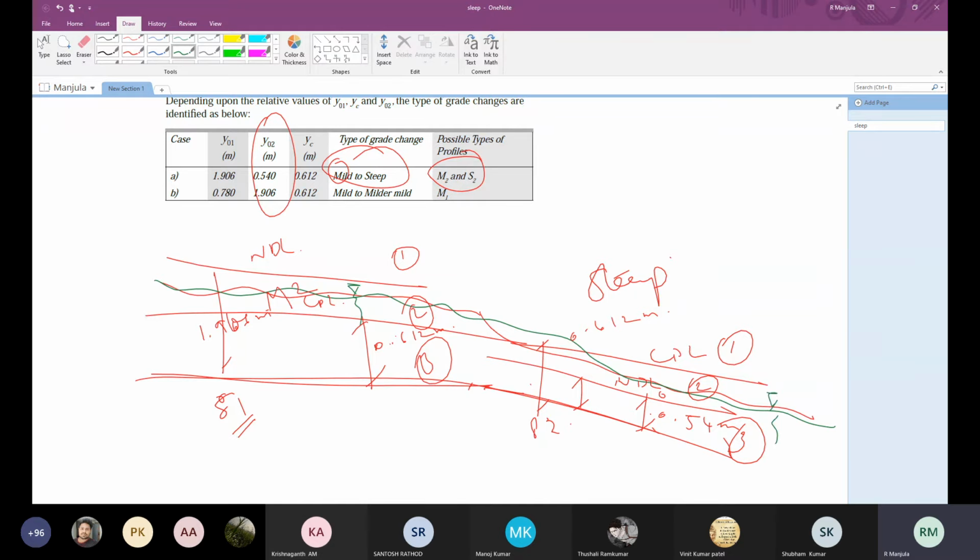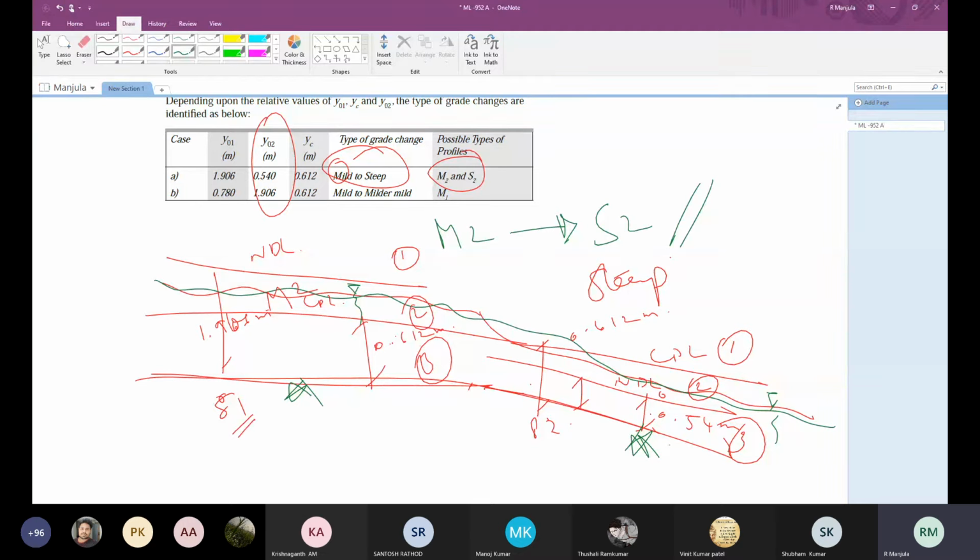So water is changing like this. This is going to be your bed profile. So the water profile is changing from M2 to S2. Okay. So these are the conditions for the first case.